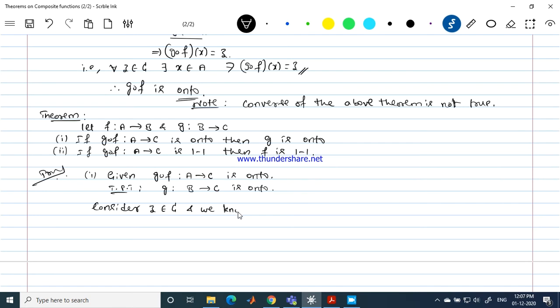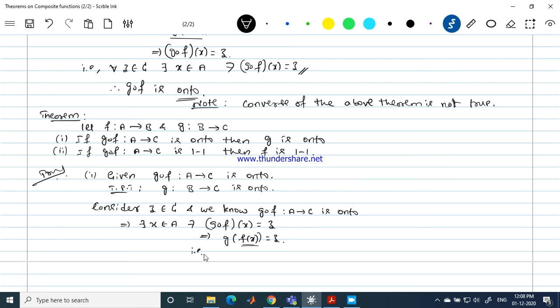We know f composition g, a function from A to C, is onto. So there exists x belongs to A such that f composition g of x is equal to z. From the definition I can rewrite this as g of f of x equal to z.